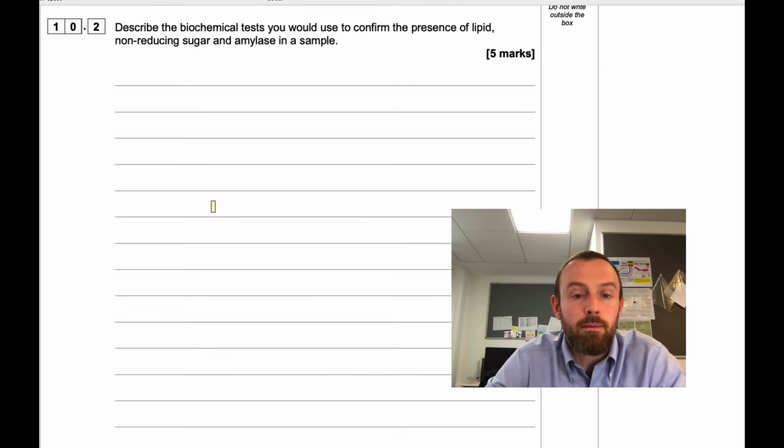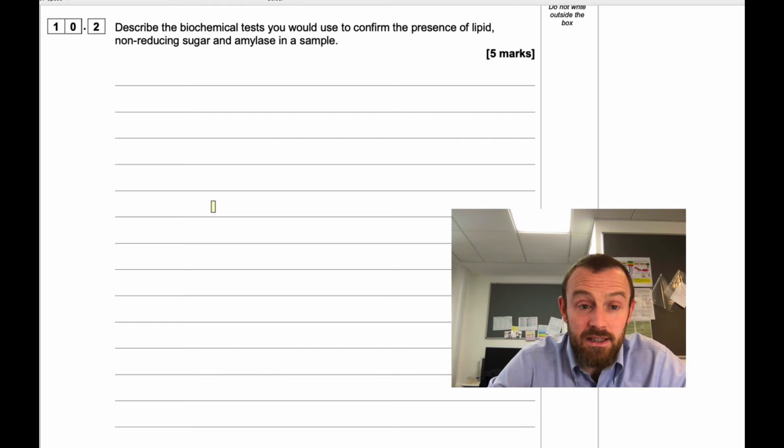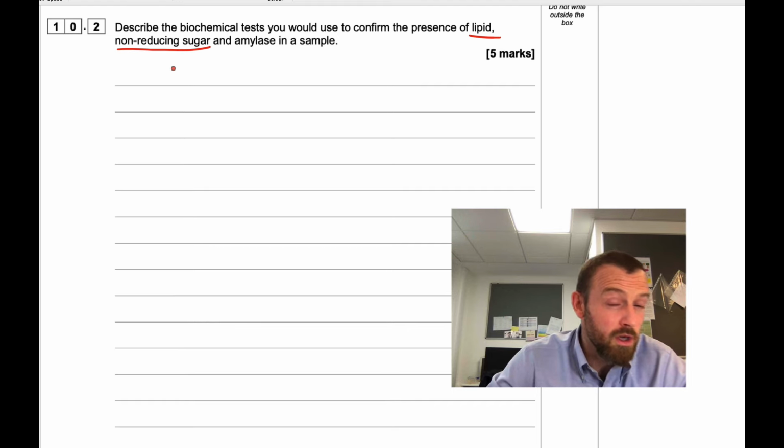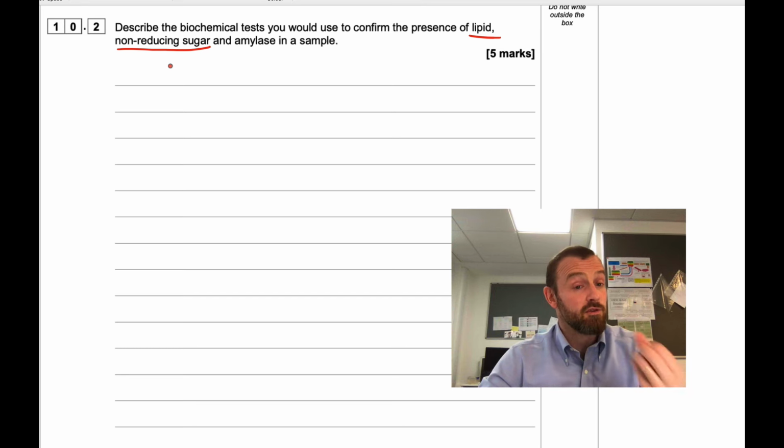Okay, describe the biochemical test you would use to confirm the presence of a lipid, non-reducing sugar, and amylase in a sample. Okay, so lipid is fairly straightforward, the lipid test. Non-reducing sugar is a little bit more convoluted because it's a Benedict's test, but you have to first do a hydrolysis step.